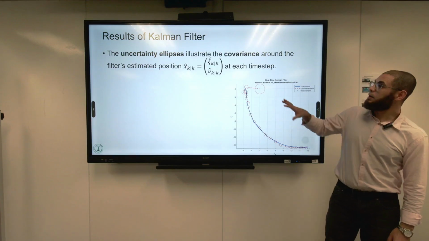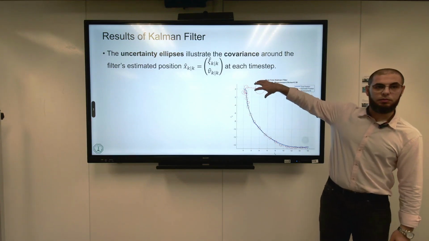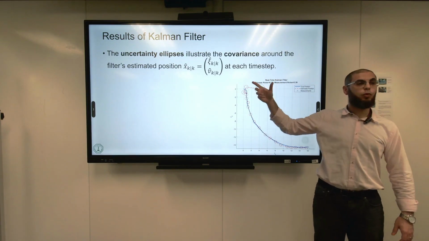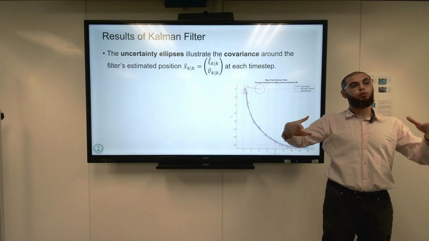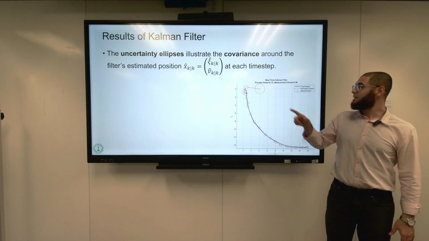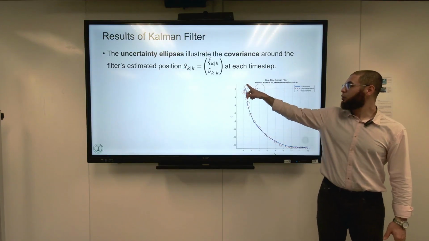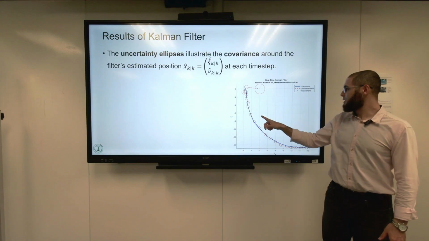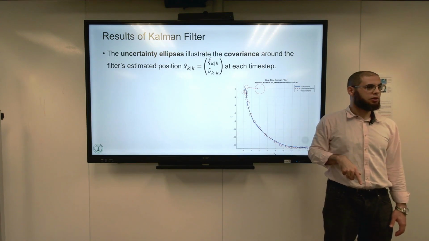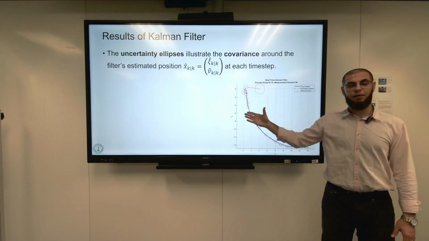So here, when we start, for example, this will be our starting point. Let's say we told the robot we don't know where you are, so we give it a very big ellipse, this circle, and then afterwards we get a measurement, and you see we just keep on following the measurements, and we trust the measurements more, and so on and so forth. This is usually what you have in Google Maps, right?